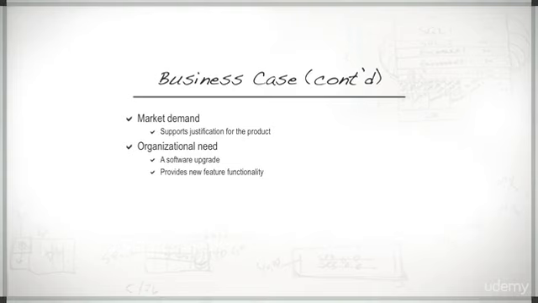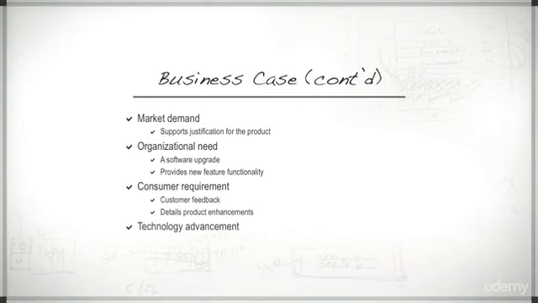Market demand may be in the form of competitive analysis that supports justification for the product. Organizational need may be a software upgrade that provides new feature functionality. A consumer requirement could be customer feedback that details product enhancements. And a technology advancement may be a smaller, cheaper, faster product by a competitor.